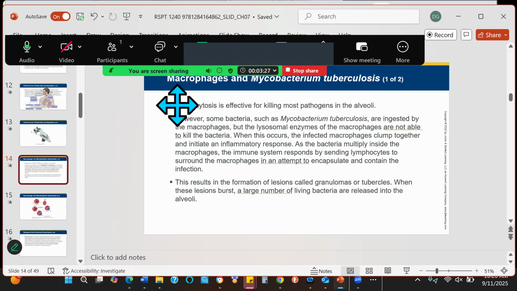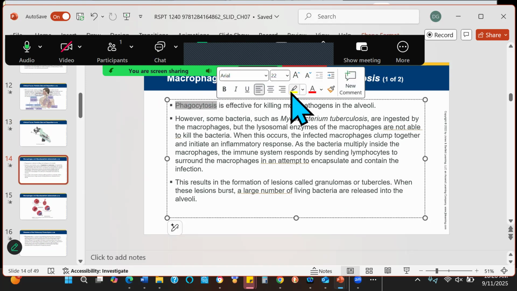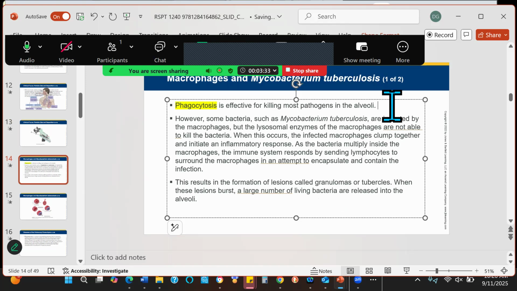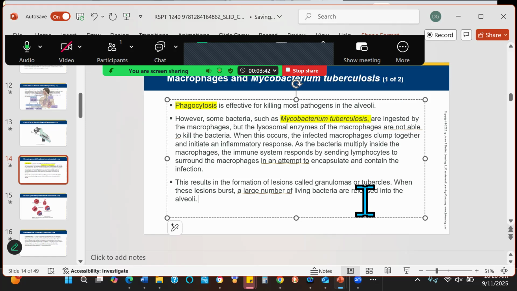Phagocytosis, that's the process of the macrophage grabbing the bacteria, and it works for most pathogens that come into the alveoli. However, some bacteria, like tuberculosis, TB, are ingested by the macrophage, but the enzymes are not able to kill them. That's why it is a long process to recover from tuberculosis.